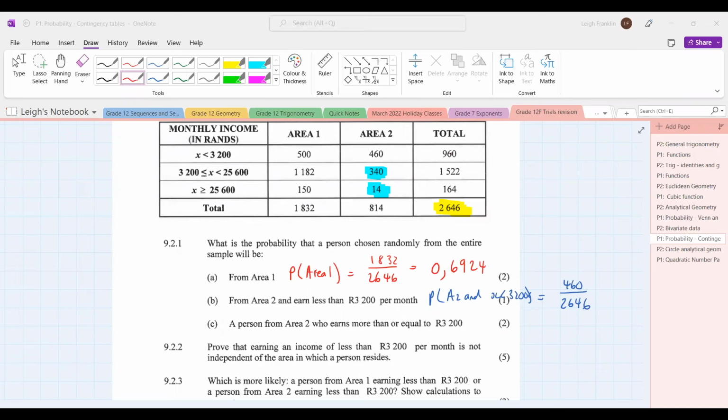So the probability of this is going to be 340 plus 14 over 2646. As people are saying, it would be 354 out of 2646.